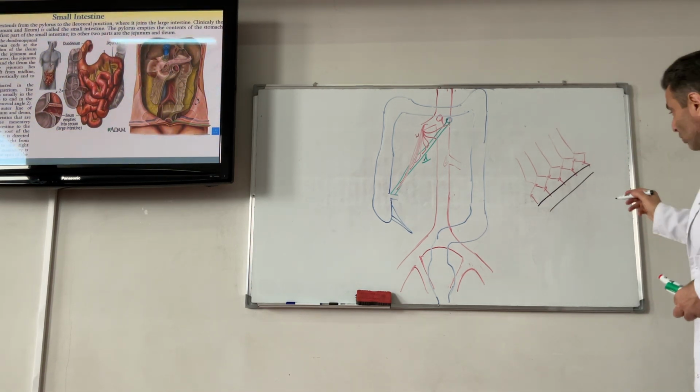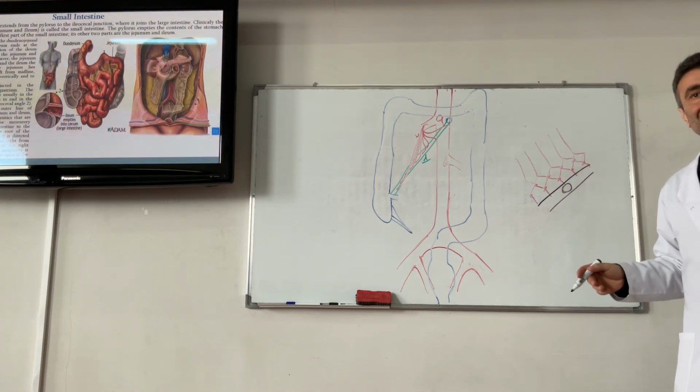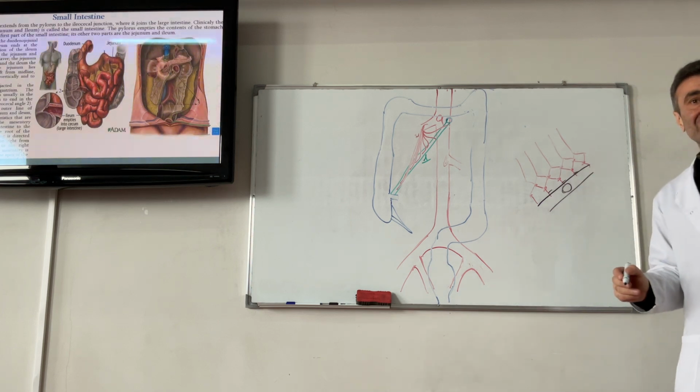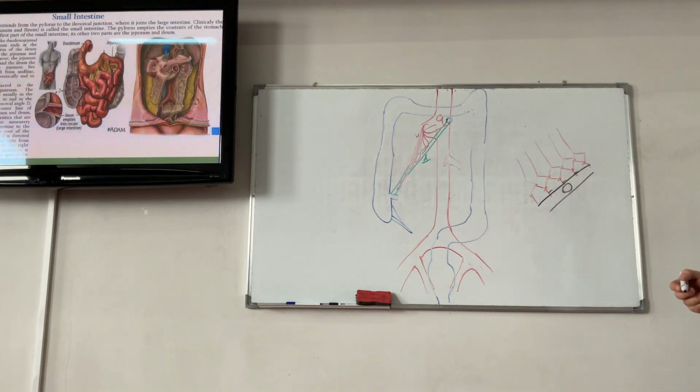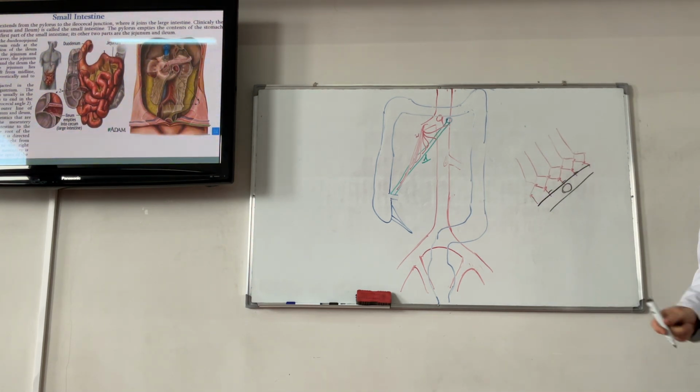If I need to make a resection due to any disorder like a tumor, I will ligate only the vessels which supply this removable part, and I will keep the vessels which supply the non-removable part. I don't need to ligate those vessels. I need to ligate these vessels.